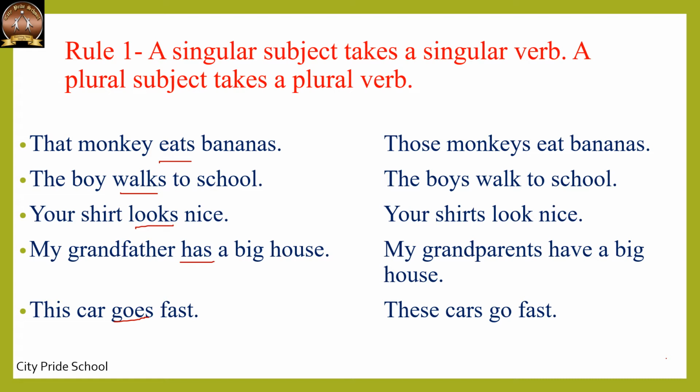So if you could see, when it is a plural verb, eats changes to eat, walks changes to walk, looks changes to look, has changes to have, and goes changes to go. So the first rule says a singular subject takes a singular verb, a plural subject takes a plural verb.